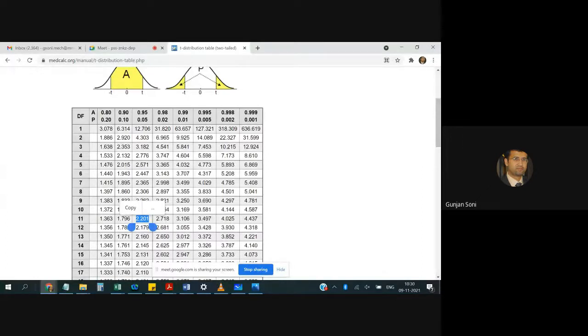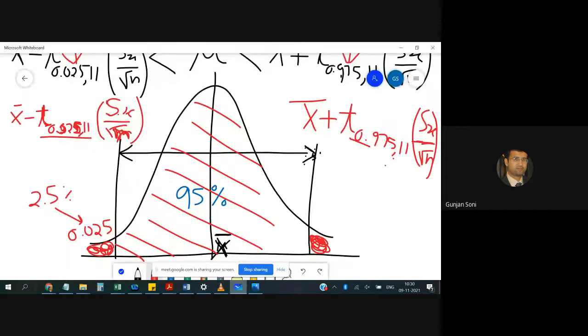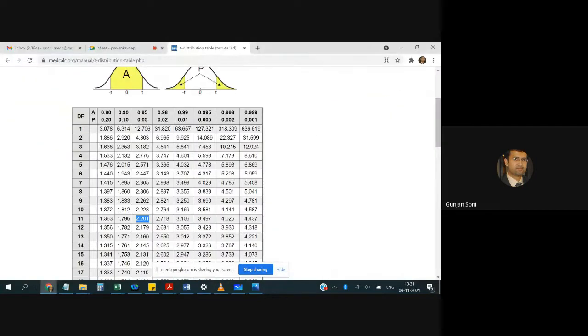So as you can see, what we intend to find out is these two limits. Now, in order to find out these two limits, I need to get this value. We need this value to calculate the limits. To find this value, we have to find out where it is located. And we know one thing, that this is the 95% area. That area is indicated as A over here.